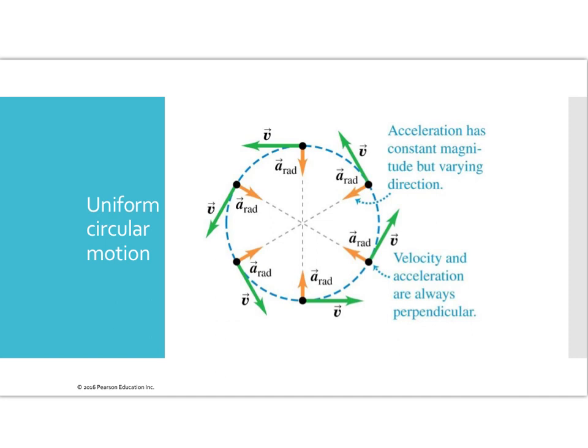We call that uniform circular motion because of the constant speed and that it's going in a circle. But if we look at this picture, we see that all the velocity vectors are obviously pointing in different directions. So an object staying in a circular path has to constantly change direction. And because of that, we realize that there's an acceleration that's involved, and we call that centripetal acceleration.